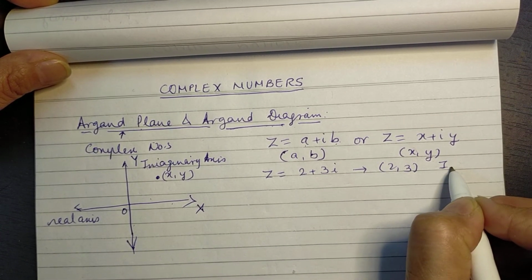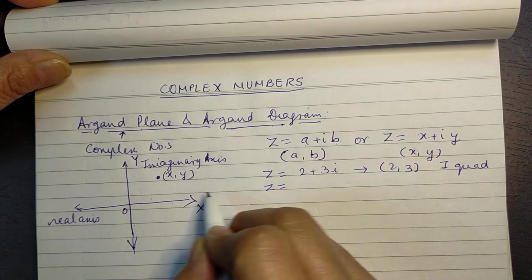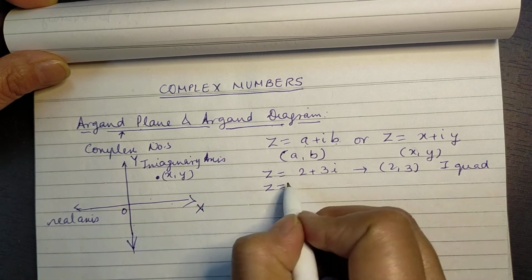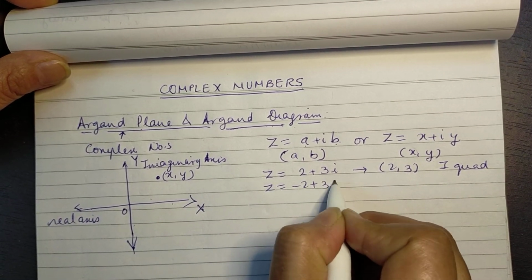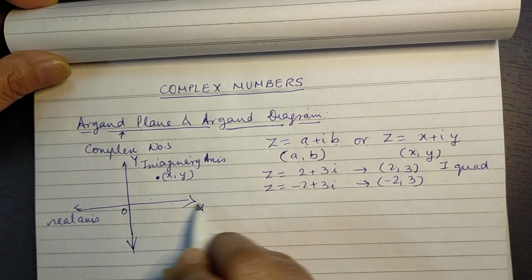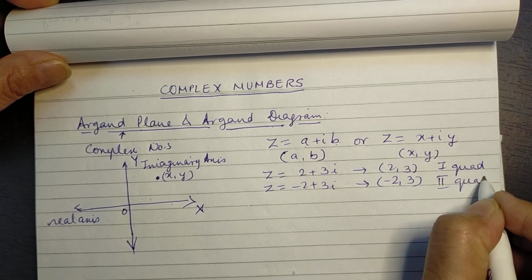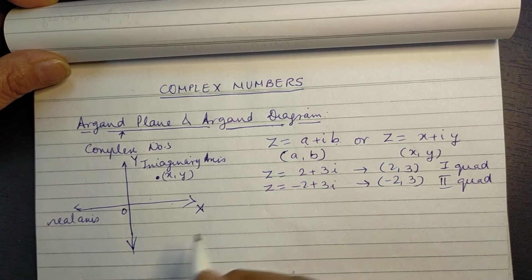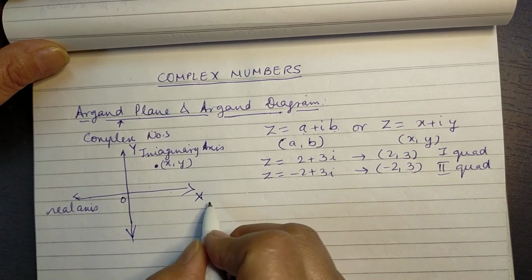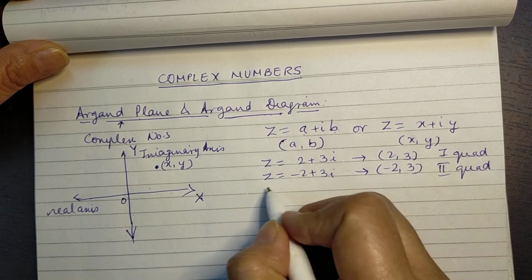It will lie in the first quadrant. If z equals minus 2 plus 3i, the ordered pair corresponding to it would be minus 2 comma 3, which lies in the second quadrant. Let me first write all four and then I'll show the four figures.